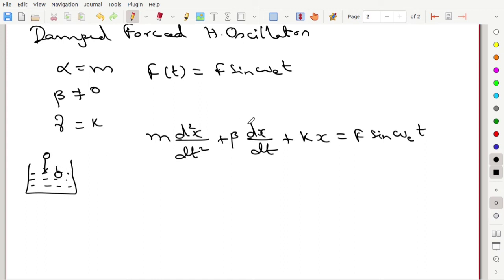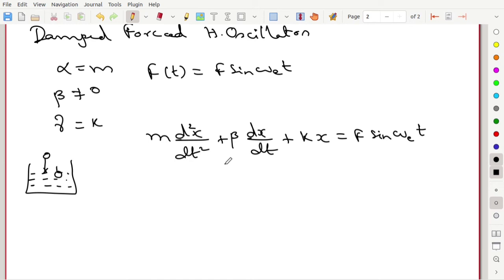So whenever we have a differential equation with a velocity term in it, it's a damped version of the differential equation, and this beta is called the damping coefficient.